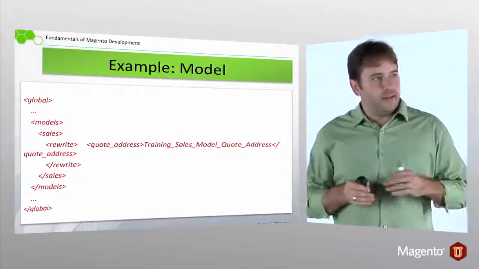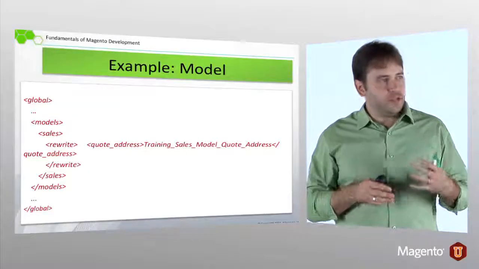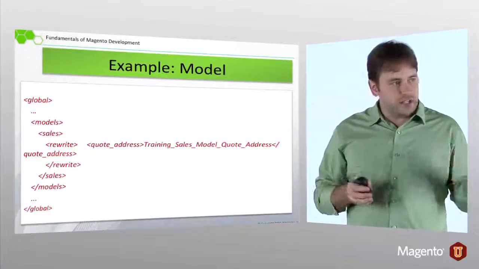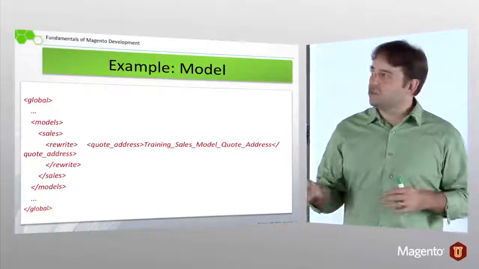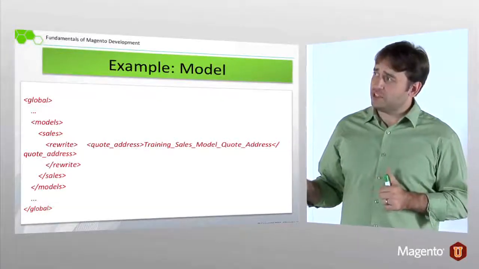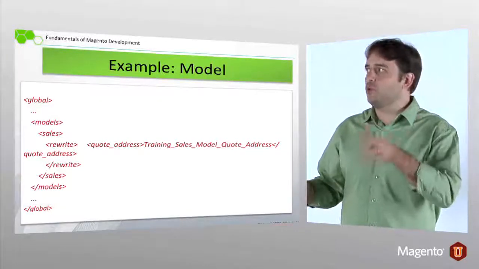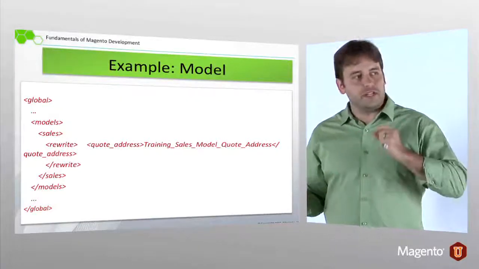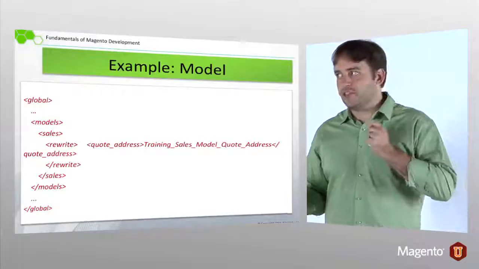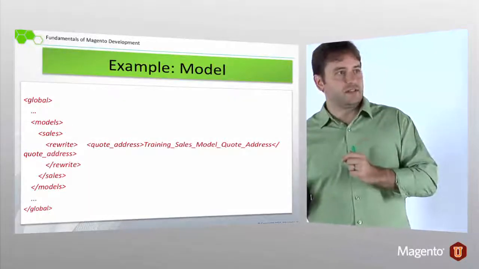So if you look in app/code/core/Mage/Sales/etc/config.xml, and you grep through that file, you'll see this path. You'll see config, global, models, right? And then inside there, you'll see sales. And inside sales, you'll see class.